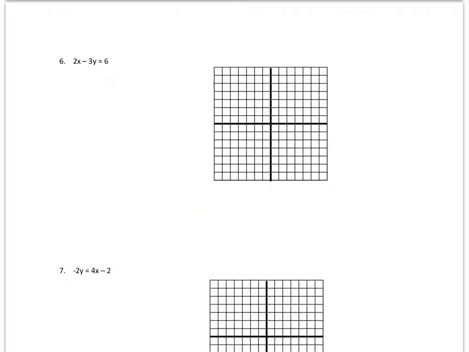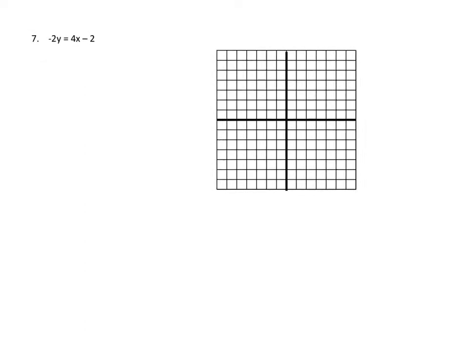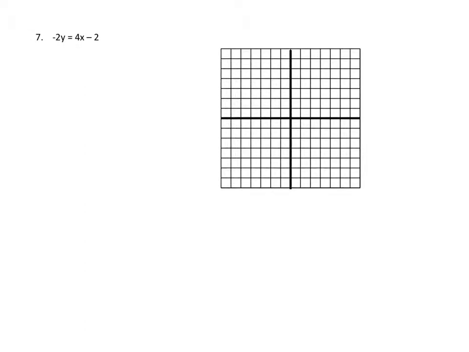All right, so number 7, I'm going to zoom in here. It's going to look a little bit different. If you look, number 7, it's actually going to be less work because the y is almost by itself. Notice how this x is on a different side, so I don't have to move it. Just leave it there. The only thing I have to get rid of is this negative 2.